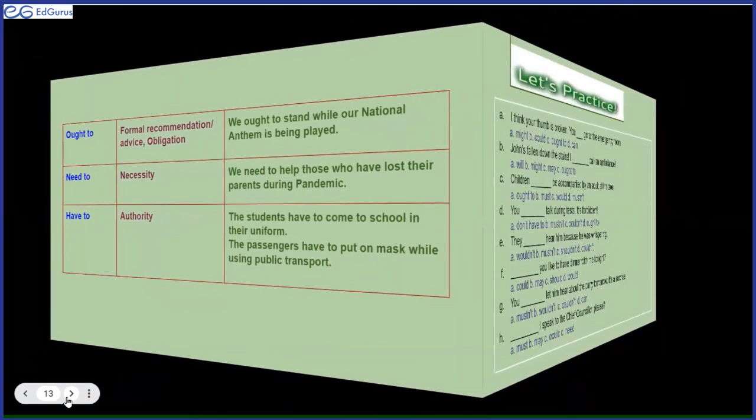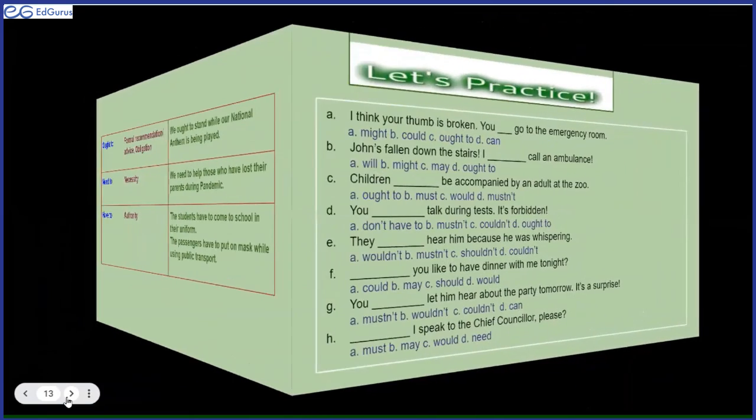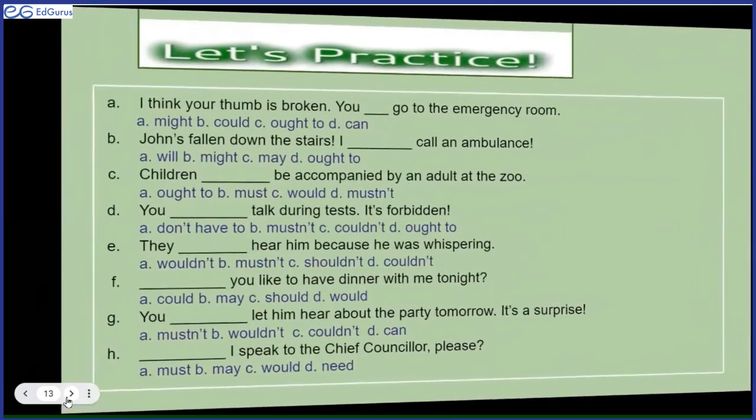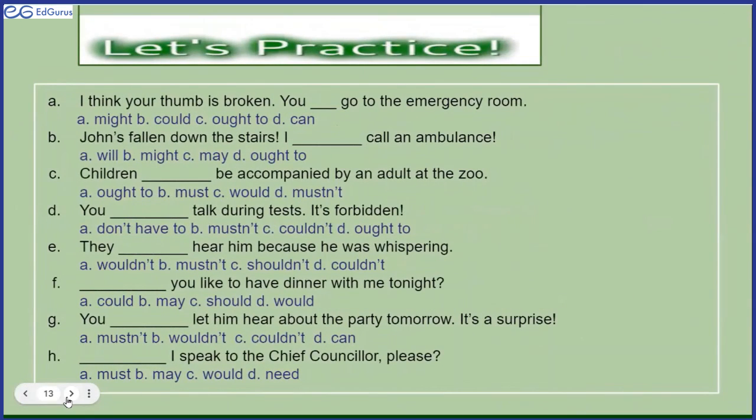Now here we are doing practice, right? One small exercise. First of all, there are multiple answers. Before you give the answer, you choose the answer from the MCQs given there. You have to read the sentence carefully. Try to understand the situation. Don't be in a hurry.